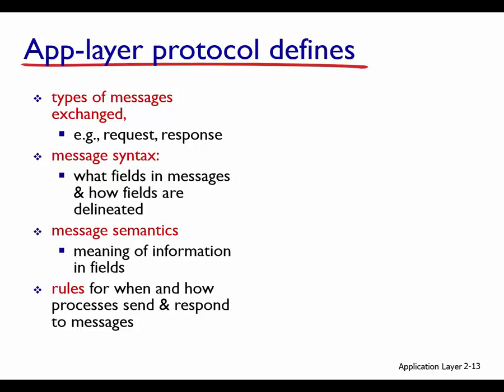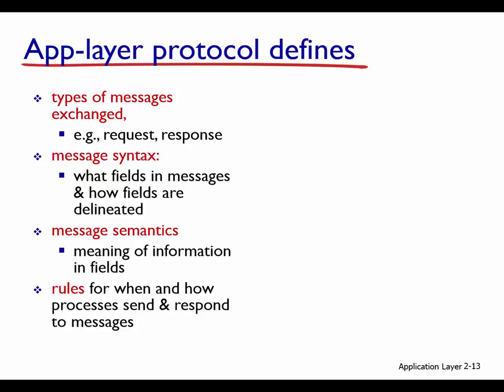Then there's obviously the message semantics, so you have your fields, and then you have the meaning of what the fields mean. So each application layer protocol has data definitions that include both the syntax and the semantics.